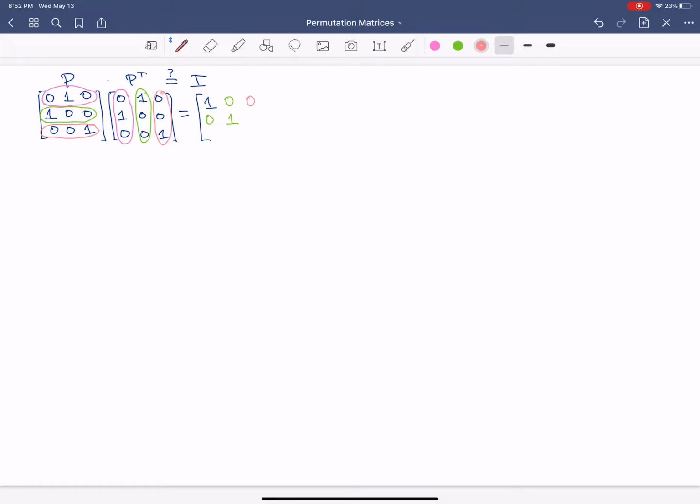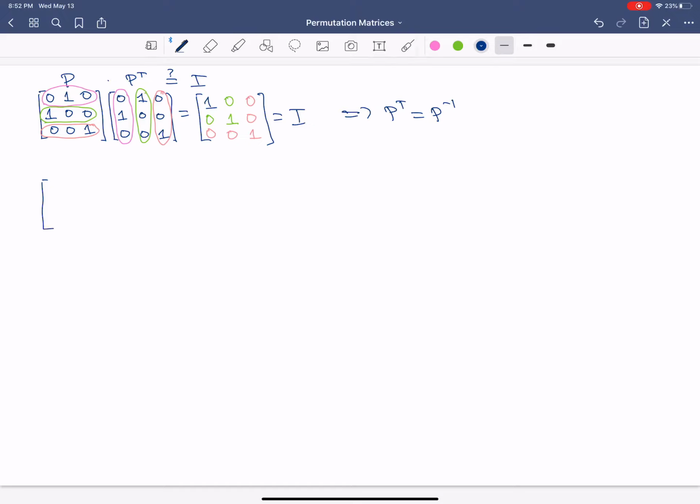Then second row and third column, we get another 0. And that's how we get these zeros as well. And then last row times last column is a 1. So we got the identity matrix. Since we got the identity matrix, it means that P transpose is indeed P inverse.